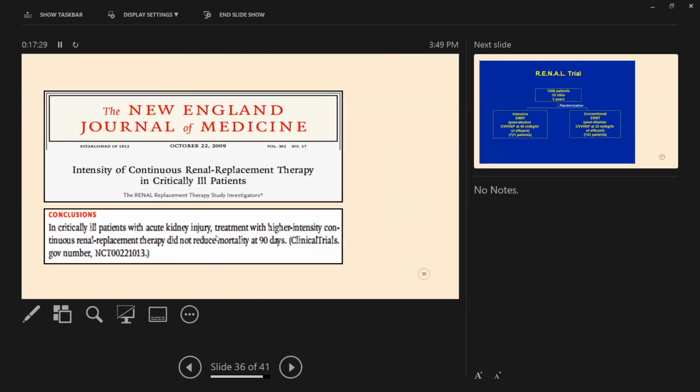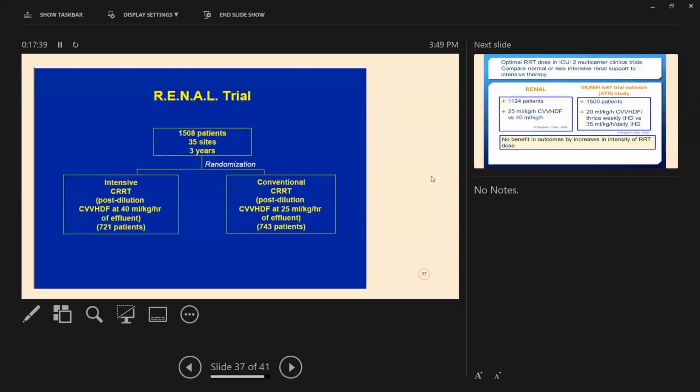So in critically ill patients with acute kidney injury, treatment with higher intensity continuous renal replacement therapy did not reduce mortality at 90 days. This is also another trial, the RENAL trial involving 1,500 patients, expanding to 3 years.